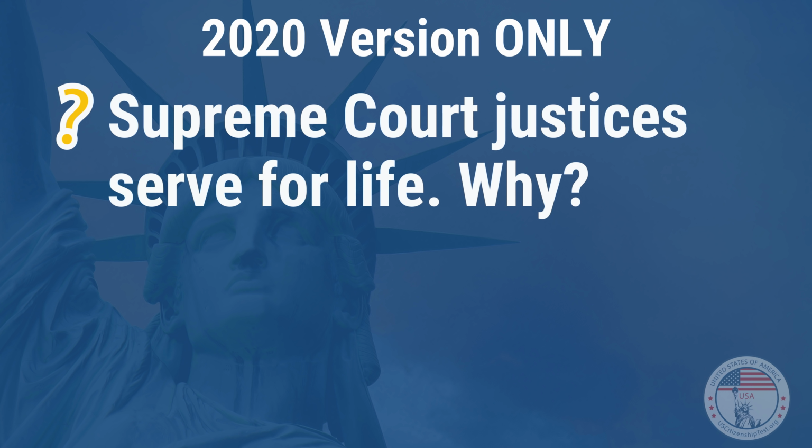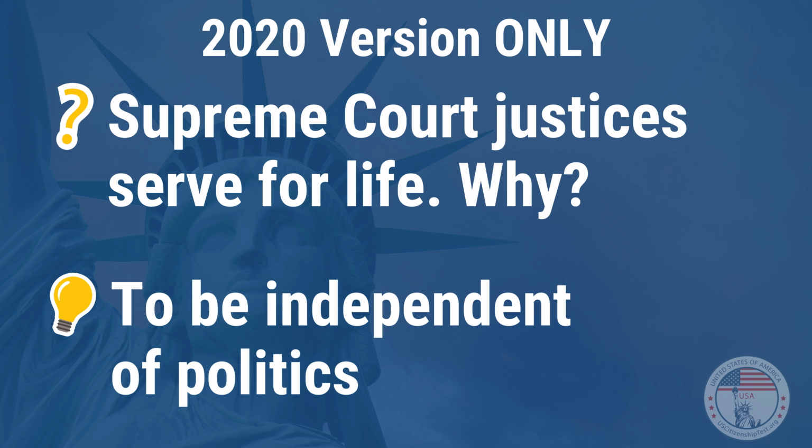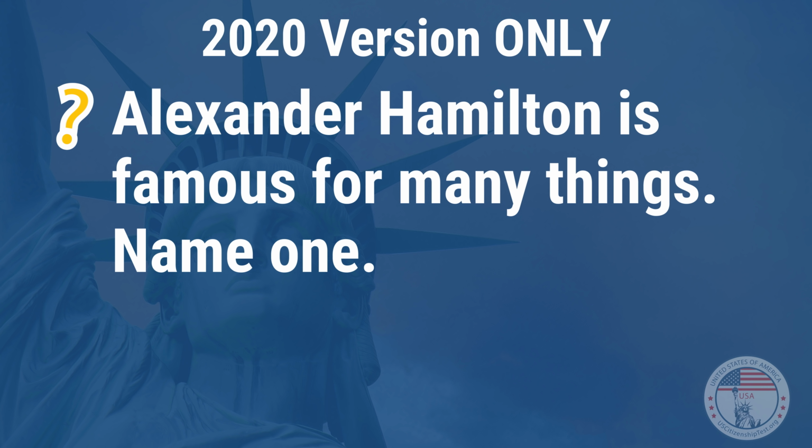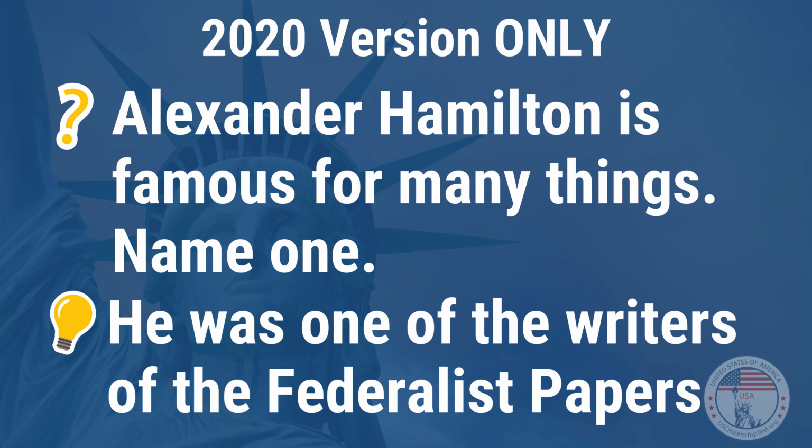The Supreme Court justices serve for life. Why? And the answer is to be independent of politics. Or Alexander Hamilton is famous for many things. Name one. One of the answers you can give is that he was one of the writers of the Federalist Papers.